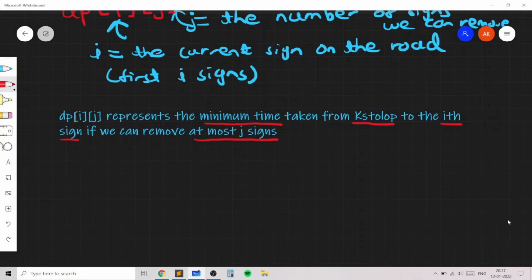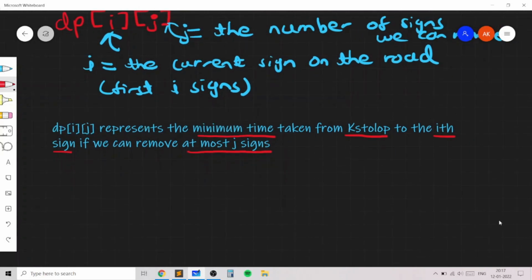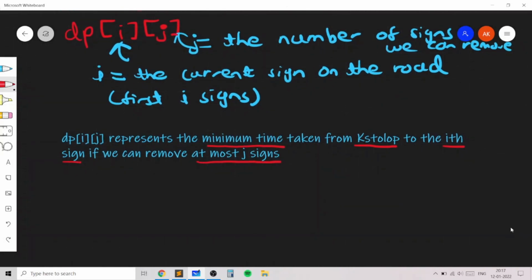This state gives us the minimum time taken from the starting city to the ith sign, and it's possible to find the recurrence easily by utilizing the fact that you can iterate over all the previous signs. The key idea for the recurrence is that you iterate over all the previous signs before i, where you initially stop.